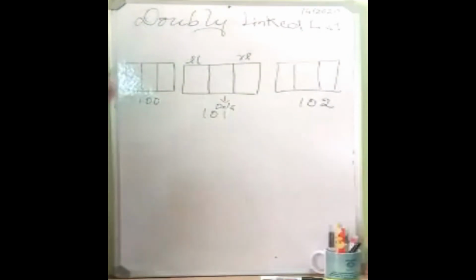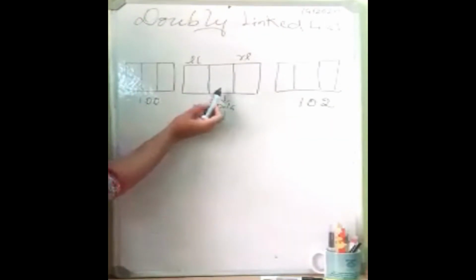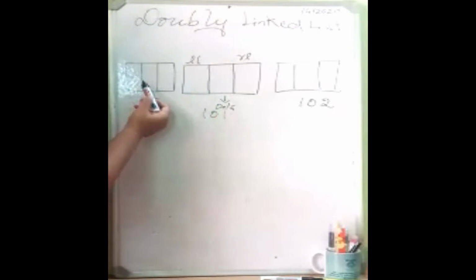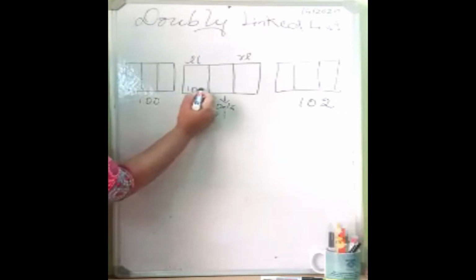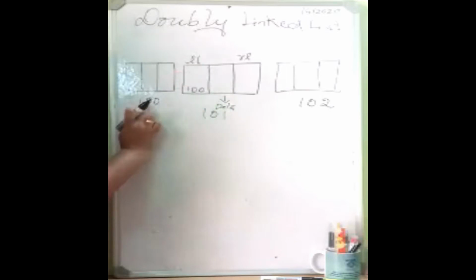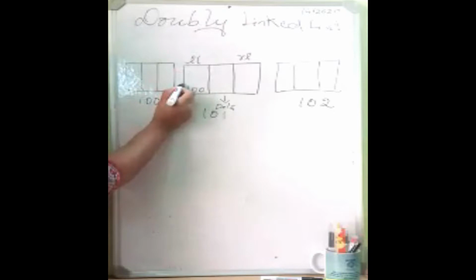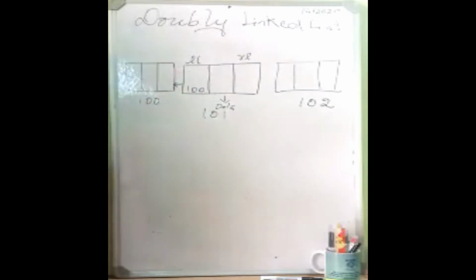I'll repeat once again. This node's left field holds the address of the left node. So what is the address of this node? 100. So this node's left link will have the address of that node, and that creates a link between these two nodes, right?